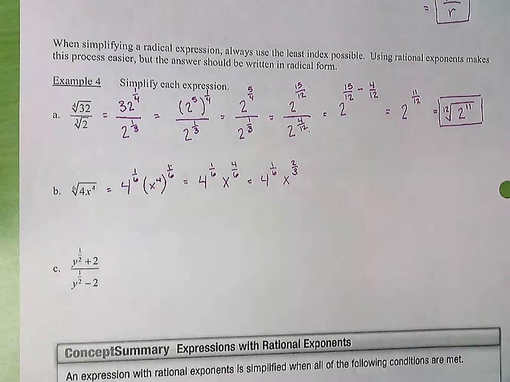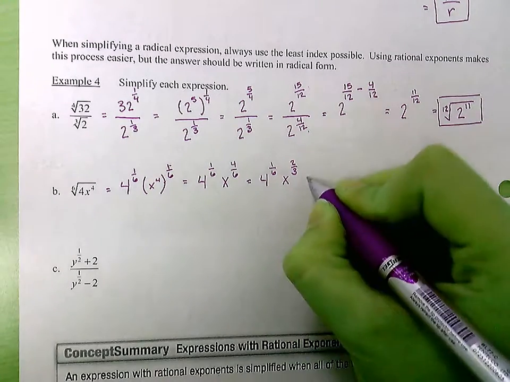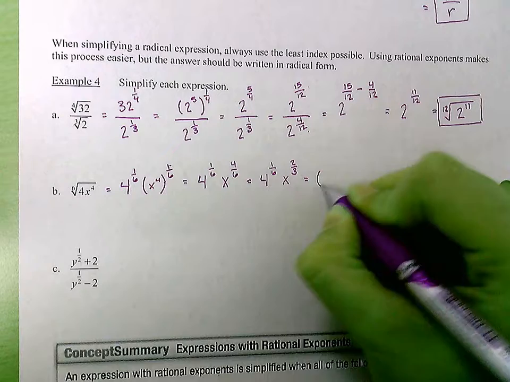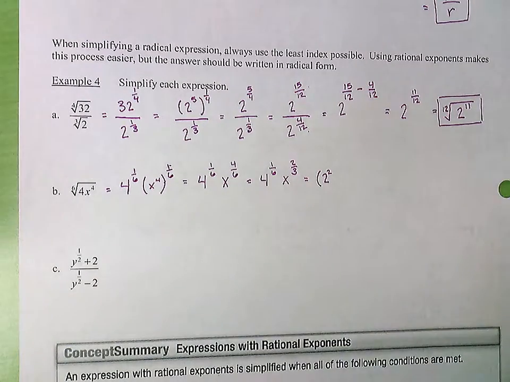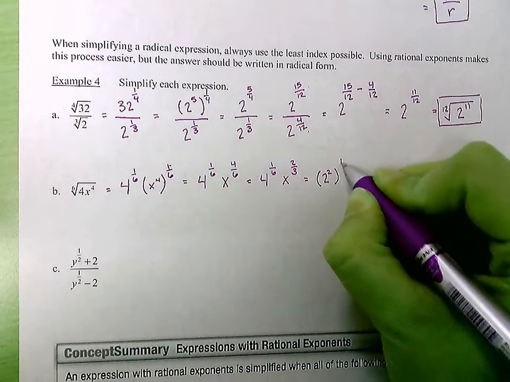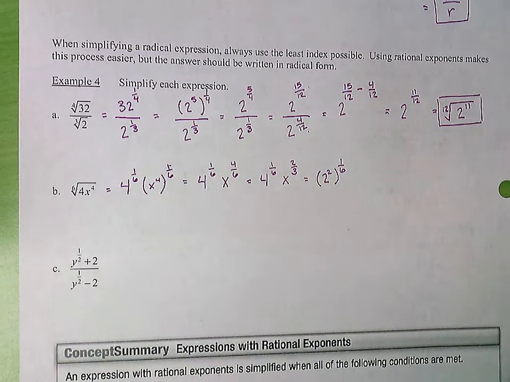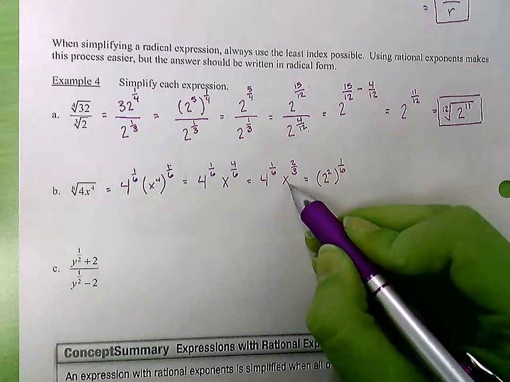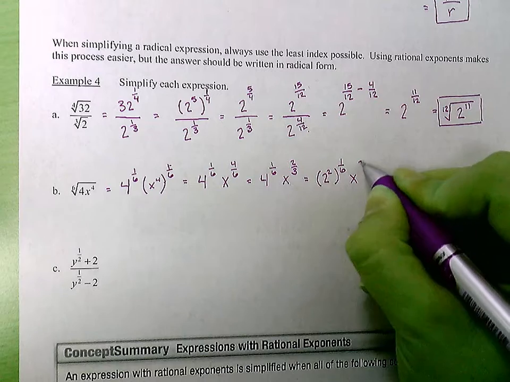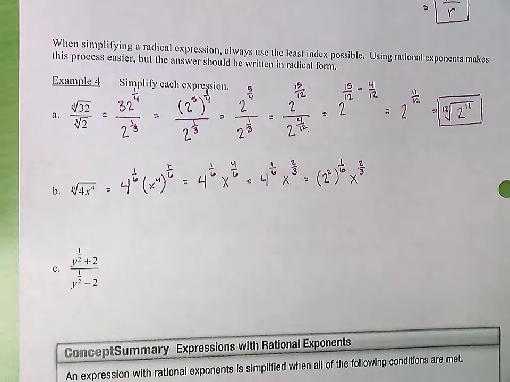Those types of things to remember will help you reduce these rational exponents. So here, I can change this 4 into 2 squared, and that's still raised to that 1/6 power. And then I'm going to keep this x to the 2/3 power.